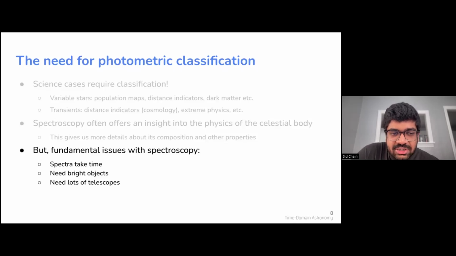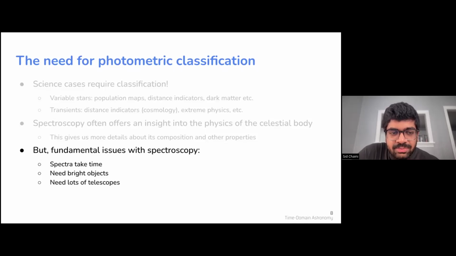And that's not all. You also need bright objects. In the example I mentioned, the magnitude 20 supernova is still on the brighter end of what Rubin will be observing. Rubin will be going up to magnitude 24, 25, and potentially more.